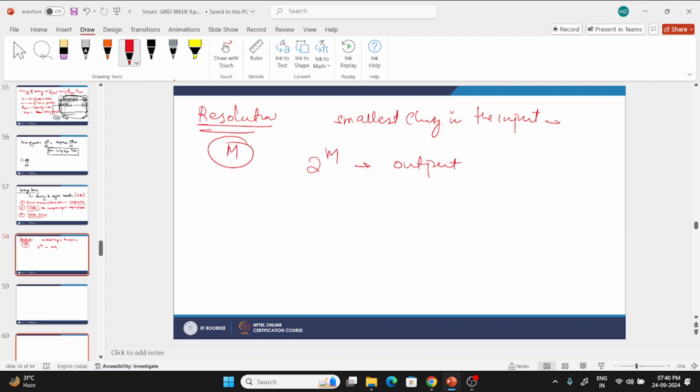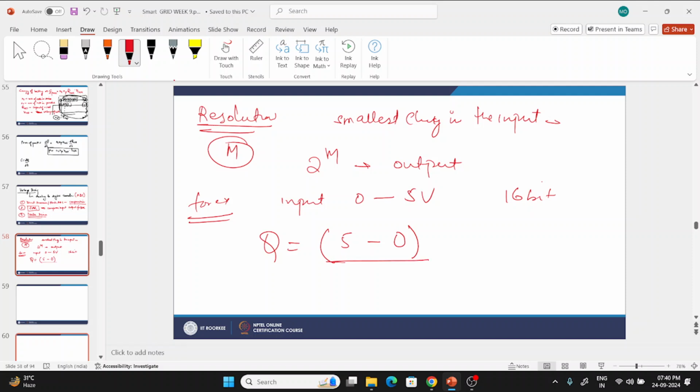For example, the input range of an ADC is 0 to 5 volts, with 16 bits of precision. So resolution Q is (high minus low) divided by 2^16, which comes out to be 76 microvolt. This is the resolution of any ADC.